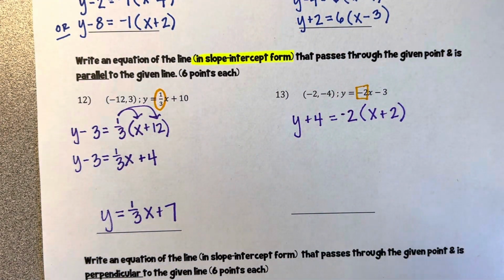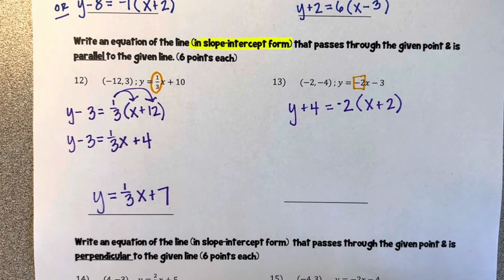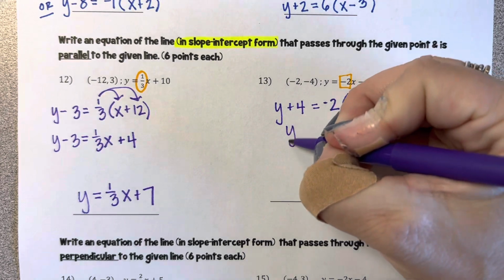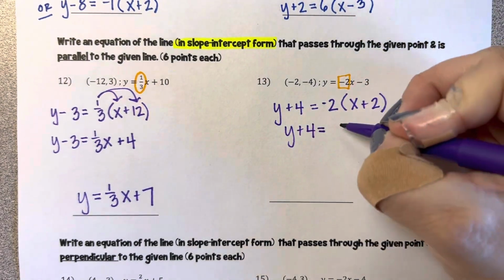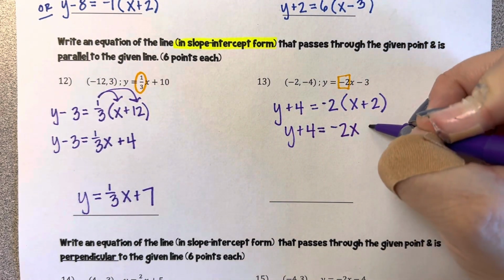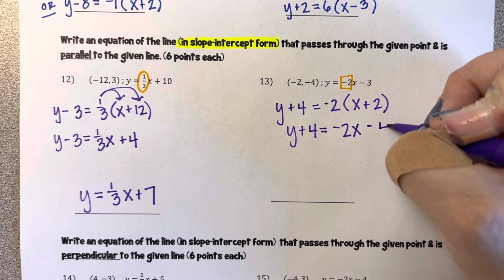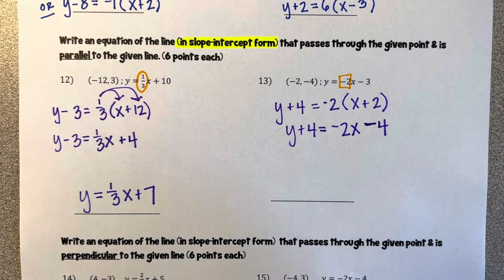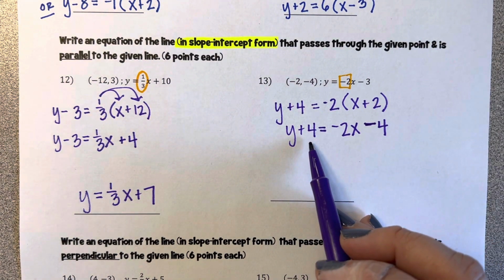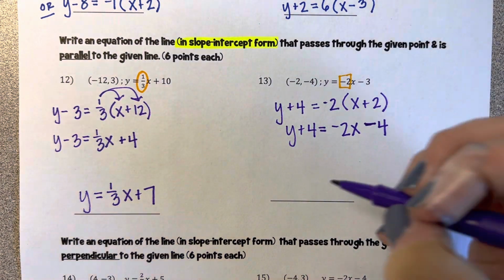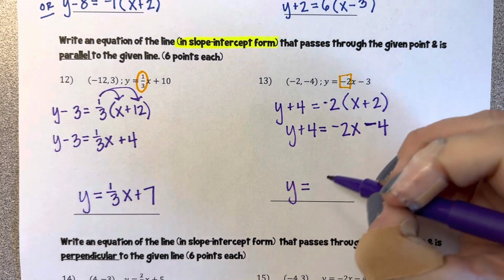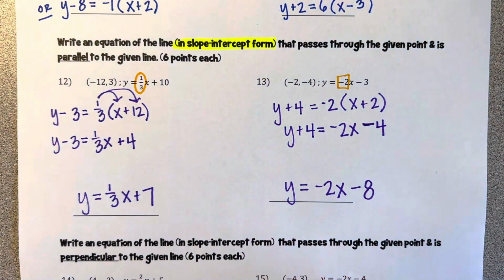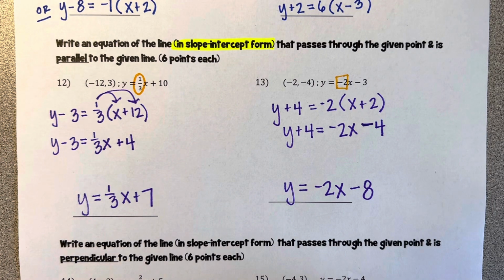I'm going to take my equation that's in point slope form and change it into slope intercept form. The first thing I'm going to do is distribute that negative 2. So that's negative 2x minus 4. If you wrote plus negative 4, that means the same thing. And then the last step is to get rid of this adding 4 by subtracting it. So I end up with y equals negative 2x minus 8. That would be my solution.